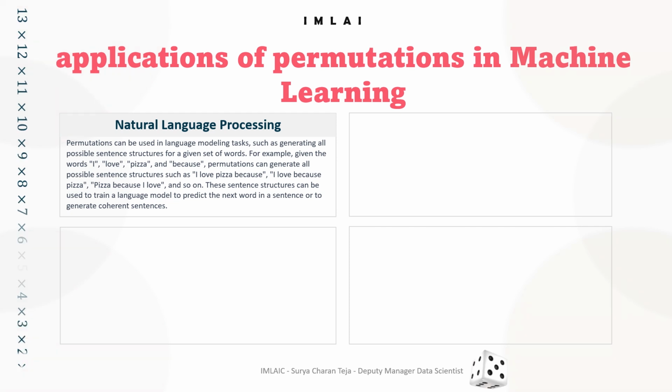Then we have image processing. In image processing, permutations are used to generate all possible arrangements of pixels in an image.